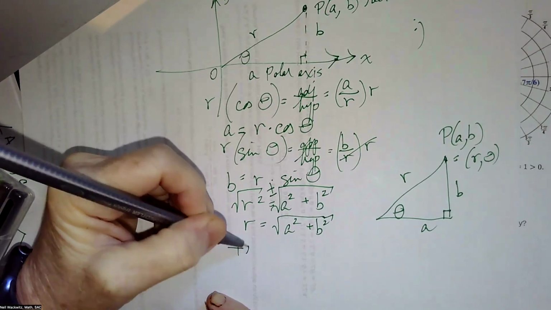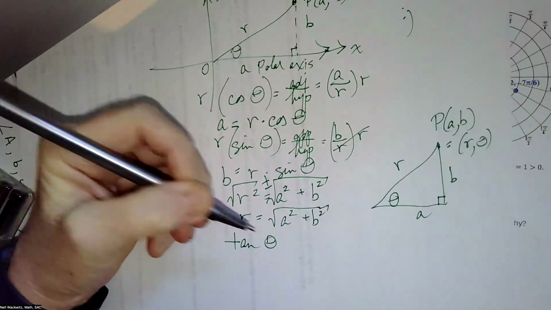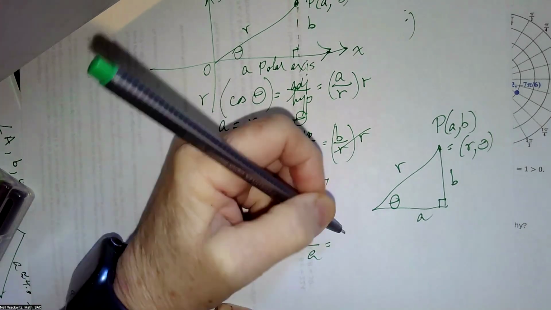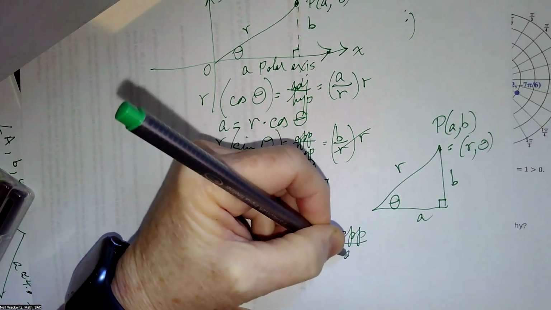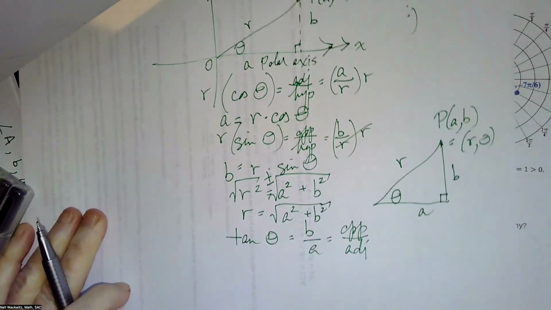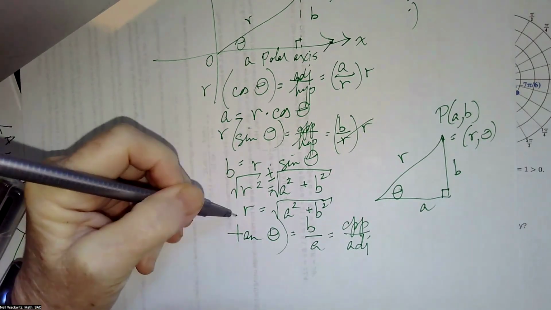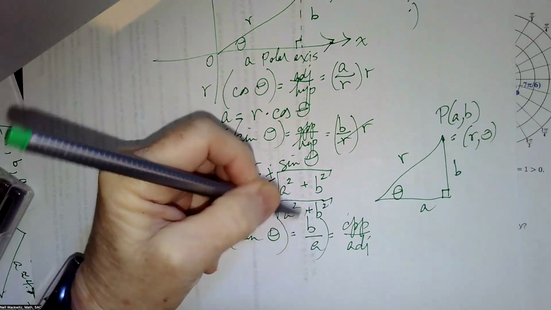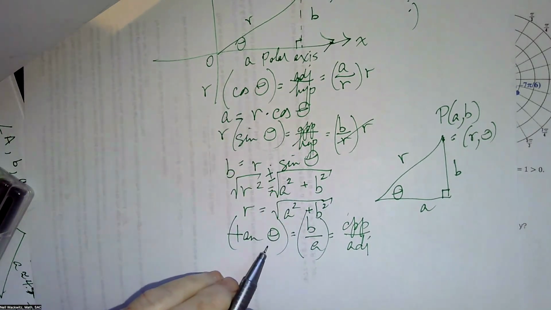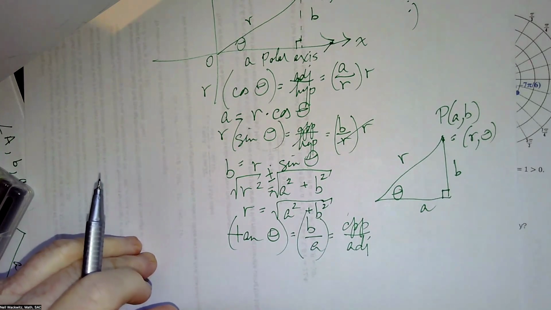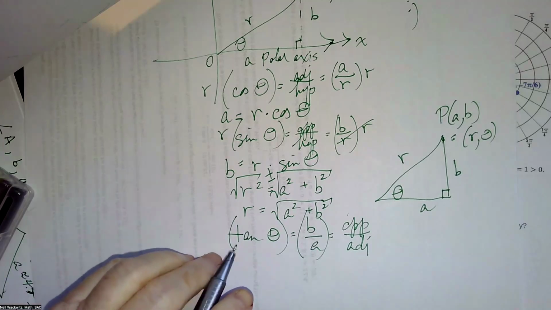We know that the tangent of theta is b over a because tangent is opposite over adjacent. And we want theta, we don't want the tangent of theta. So what can I do to both sides to get theta on this left side? What undoes tangent?